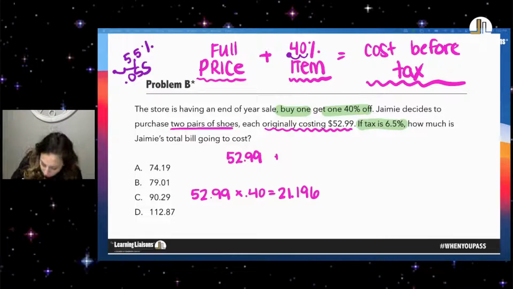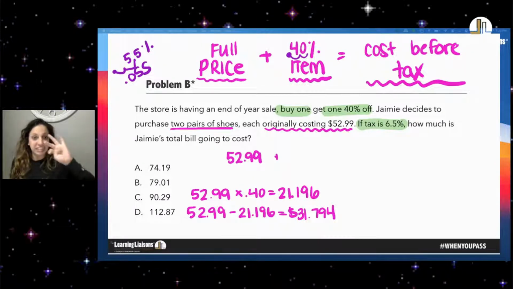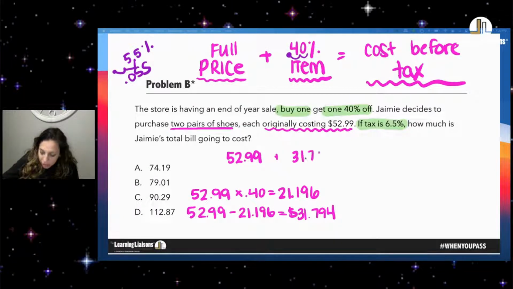Then I have to do $52.99 minus my discount, and I get $31.79 with a 1/4 of a cent. I don't ever like to round until the very end of the problem for accuracy's sake. So that's one way that I could find my 40% off item.